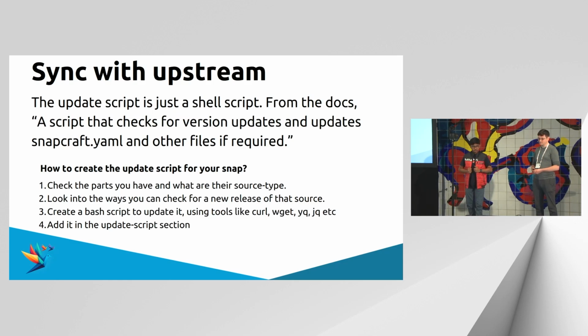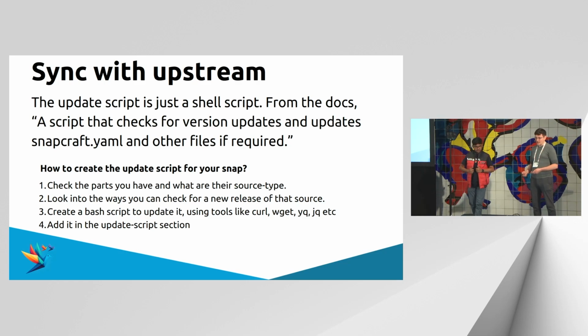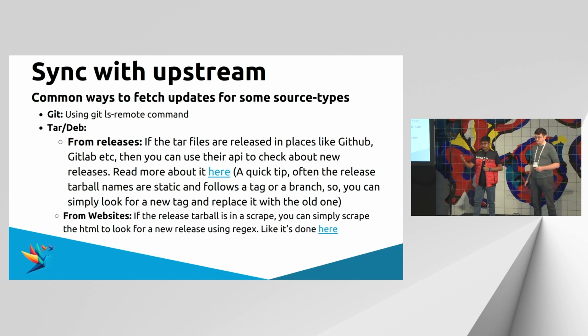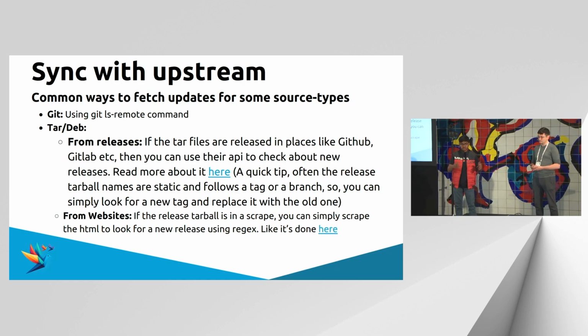Okay, so we have gone through this, and the update script is basically just a shell script that checks for version updates and then updates your snap. If you are using something from Git, you just use git ls-remote. If you are using a tarball, you can maybe use the releases of the GitHub page using the GitHub API.